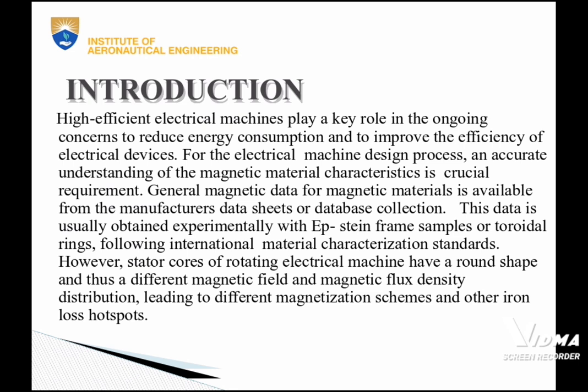General magnetic data for a magnetic material is available from the manufacturers' data sheets and database collections. The data is usually obtained with Epstein frame samples or toroidal rings following international material characterization standards.